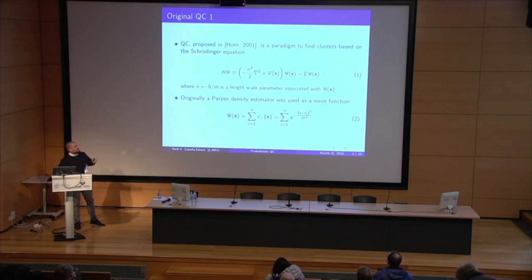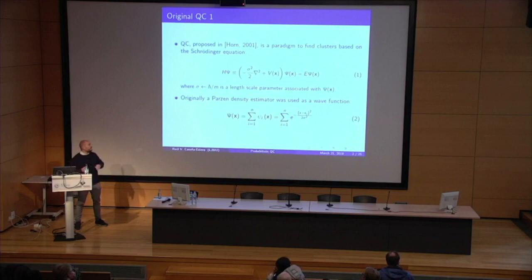The idea is to start with a given wave function and try to find the potential. It's the opposite direction to typical quantum physics, where we define the potential and the energy, and then we try to find the wave function. Here we do the opposite.